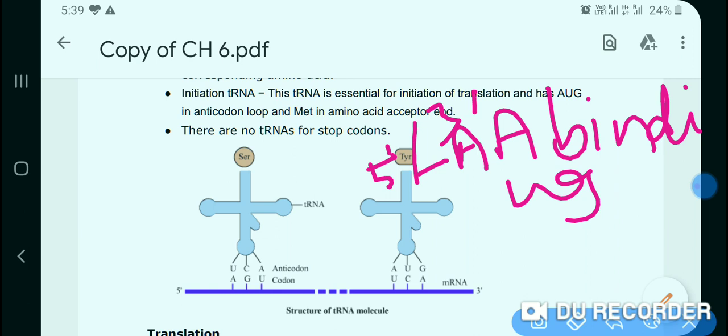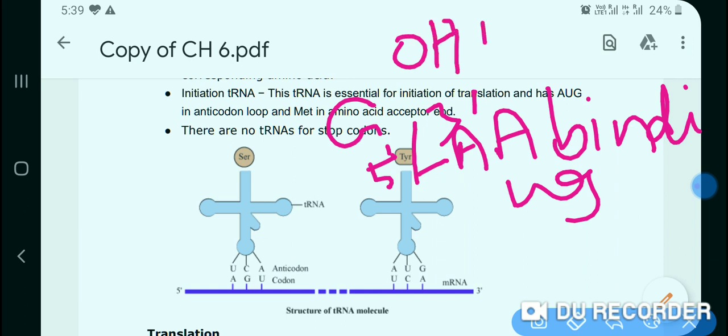At the 5 prime end there is guanosine. It is frequently asked in the CBSE board exam which base is present at the 5 prime end of transfer RNA: it is guanosine. And at the 3 prime end a functional group, the hydroxyl group, is present.